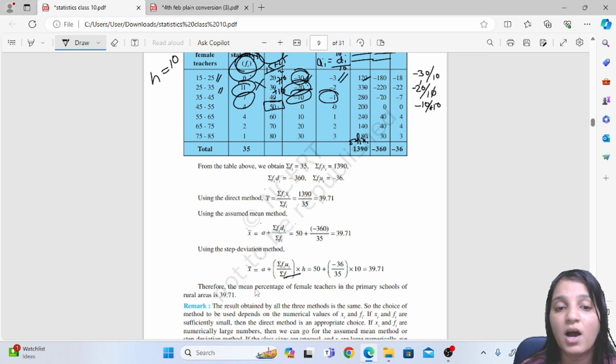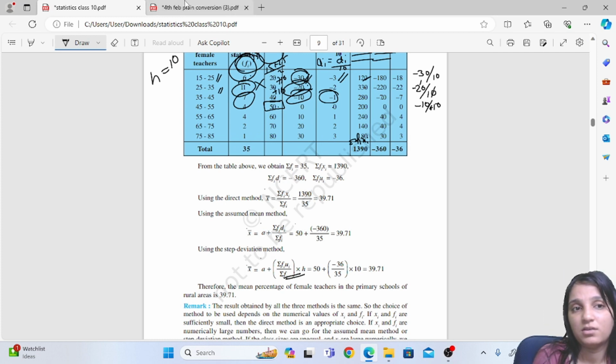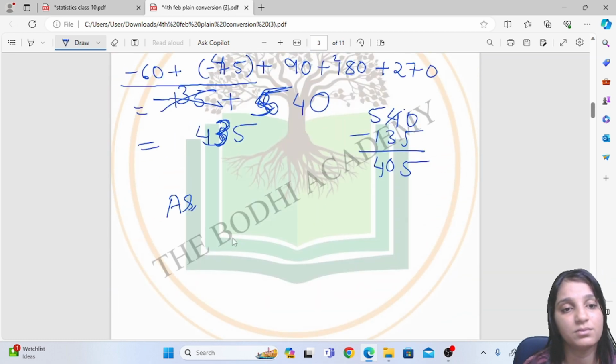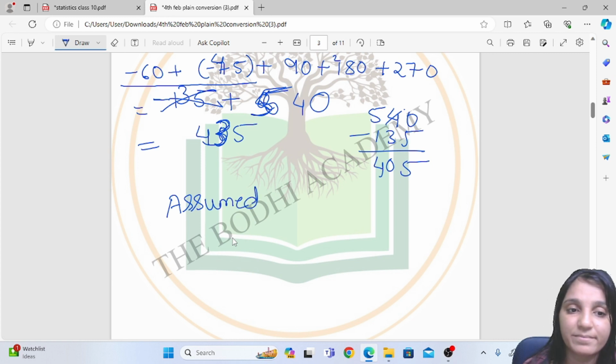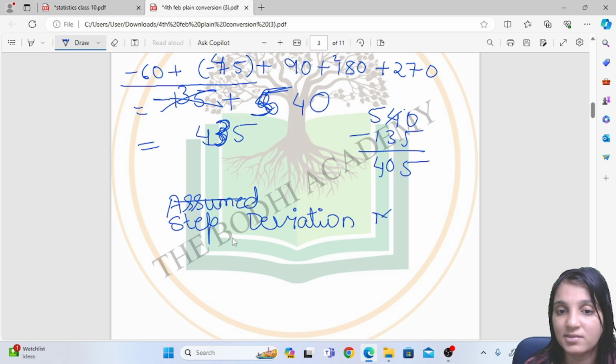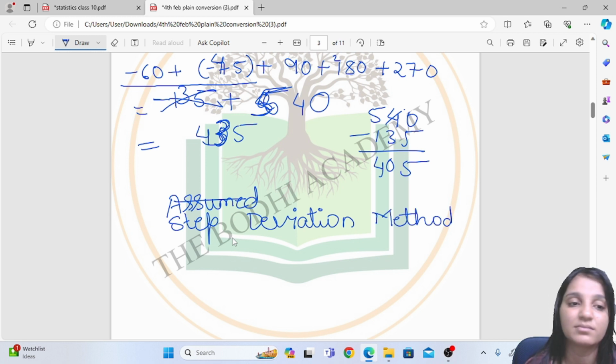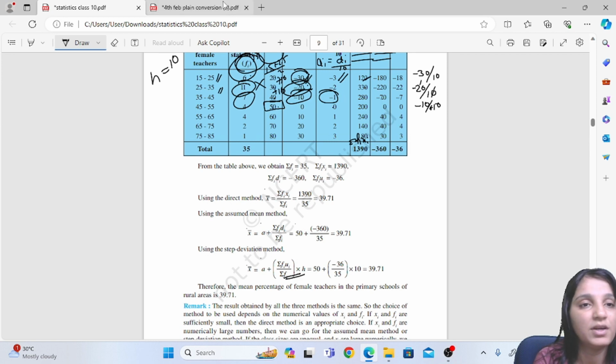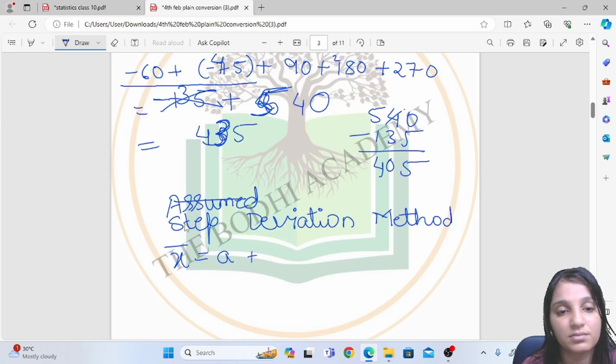This is your formula of the step deviation method: A plus summation fi ui upon summation fi into h.